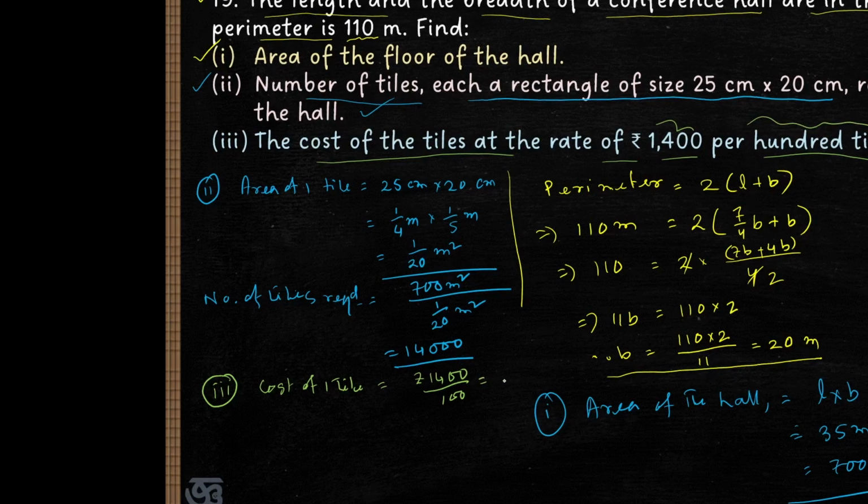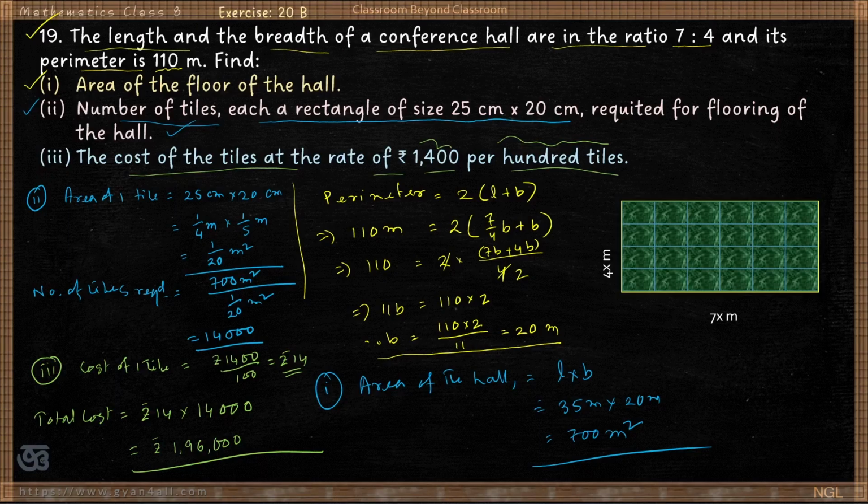So for one tile it will be rupees 14 only. So the total cost will be rupees 14 multiplied by the number of tiles, that is 14,000 tiles required for flooring, and that is equal to rupees 1,96,000, the cost of tiling the floor.